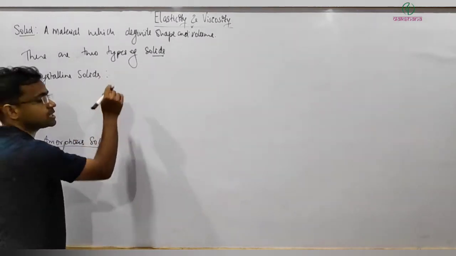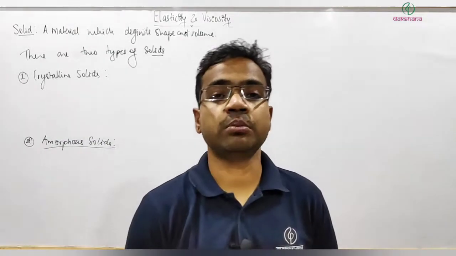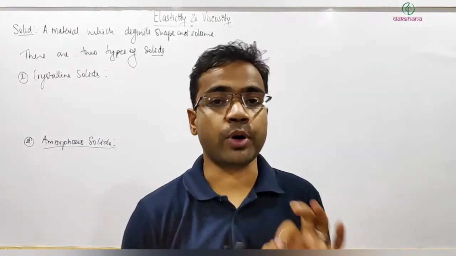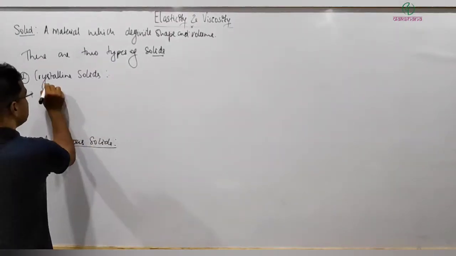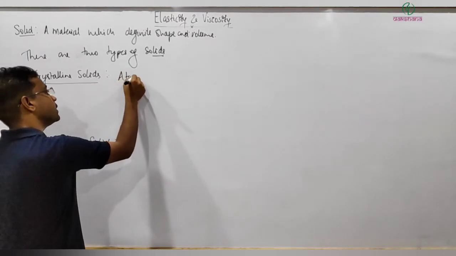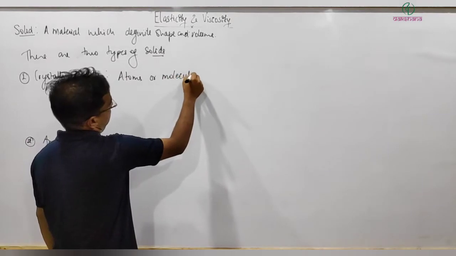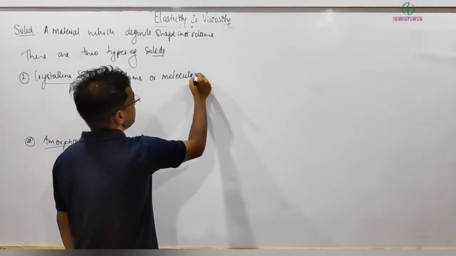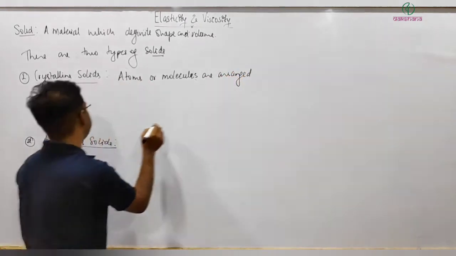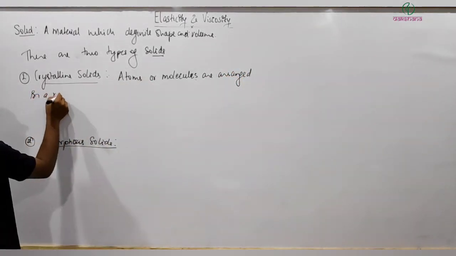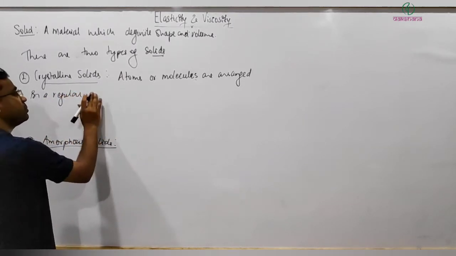So what is crystalline and what is amorphous? In crystalline solids, the atoms and molecules are arranged in a proper or regular three-dimensional pattern. So in crystalline solids, atoms or molecules are arranged in a regular three-dimensional pattern.